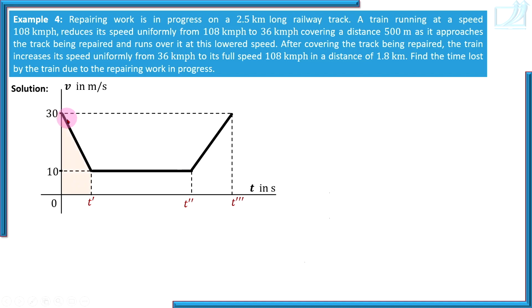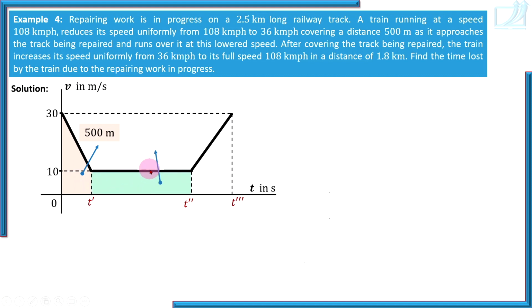Check. During its decelerated motion, the train covers a distance of 500 meters. Then with uniform velocity 10 meters per second, the train covers 2.5 kilometers. So the train moves with its lowered speed on the track where repairing is in progress, that is 2500 meters.